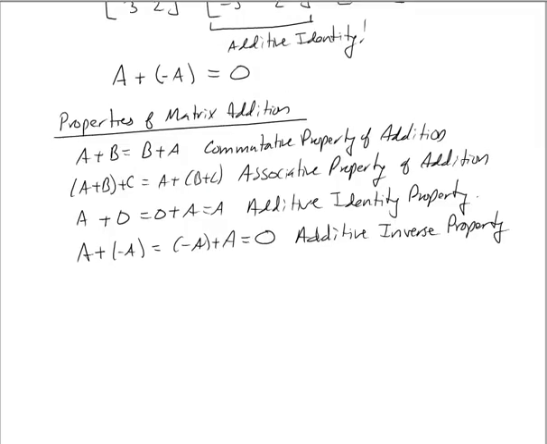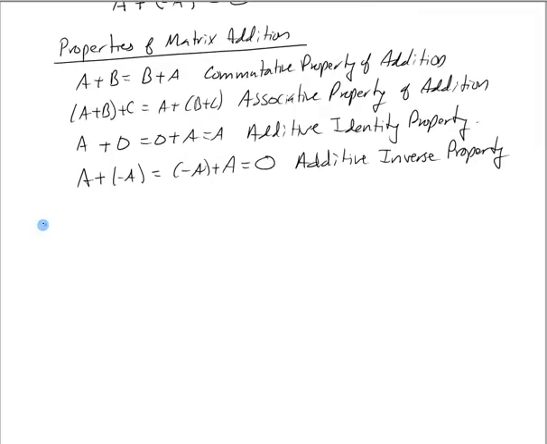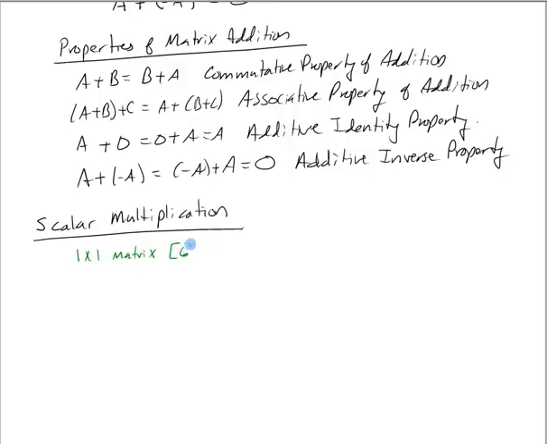Next we're going to look at scalar multiplication. Before we can actually start talking about scalar multiplication, we probably better define what a scalar is. First of all, we could have a 1 by 1 matrix, which would mean it would have exactly one entry, like this value of 6, let's say.